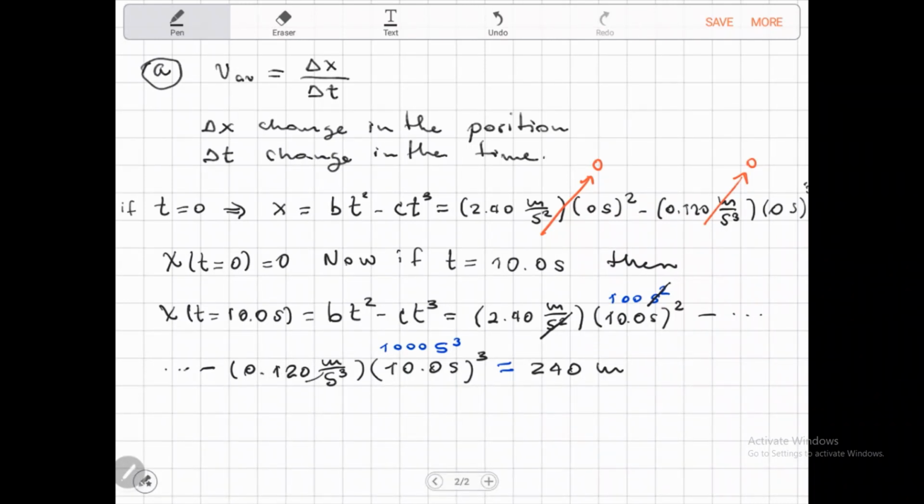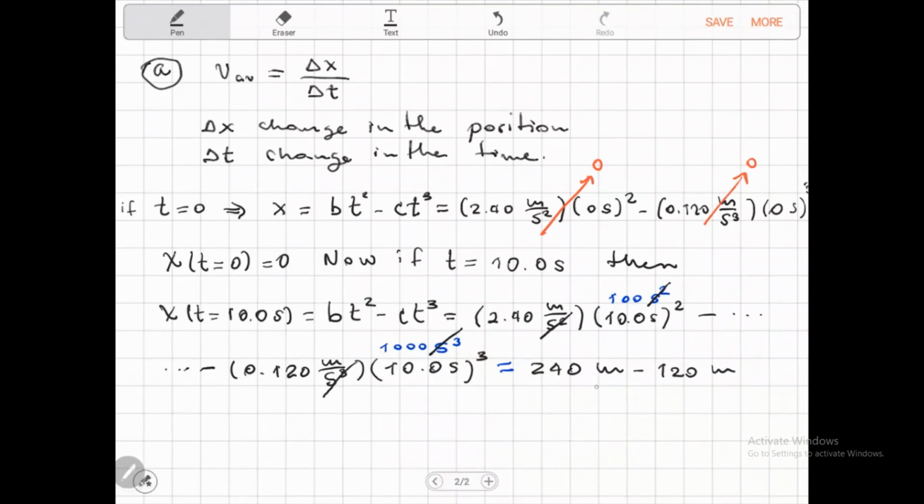The same situation here. 0.120 times 1,000, that is going to be 120, in this case meters, but this second cube is going to be eliminated with the second cube as well because they are the same unit. So in this case we have only units of length left. The units we have left are meters, and that is what we are looking for.